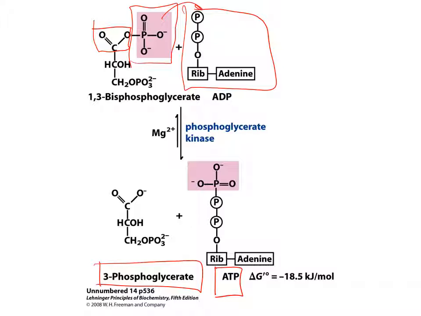Now, this compound has a low delta G prime, so this reaction is quite favorable in generating ATP.